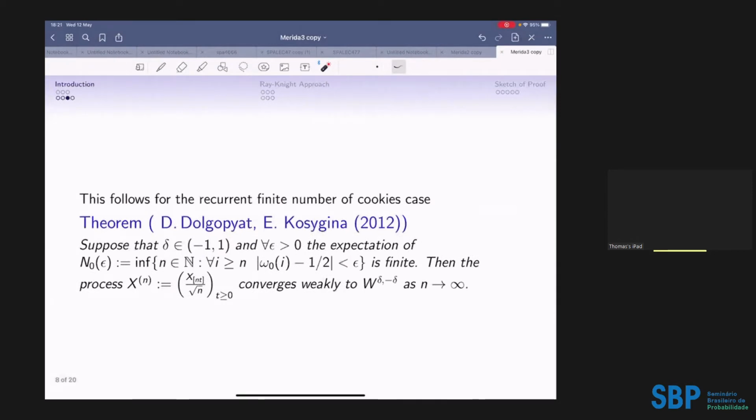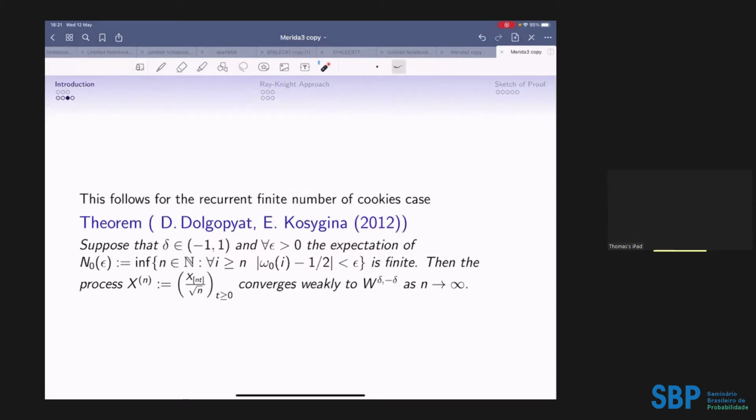Now, I'd first like to just say, ours is not the first result of this kind. The first result of this kind was with Dolgopyat and Kosygina, and they considered a more general class, but let's just take it to be a finite number of cookies.